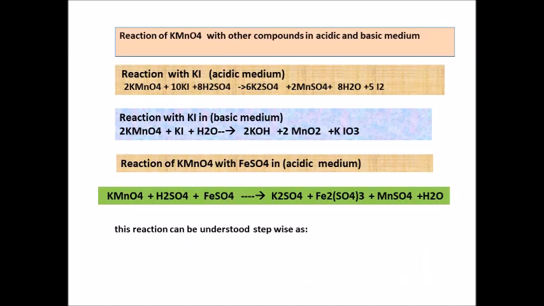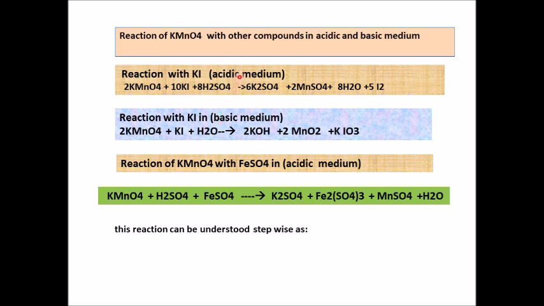KMnO4 reacts with other compounds also in acidic as well as basic medium. Now, with KI, you will find in acidic medium it liberates iodine, but in basic medium it forms KIO3. That is unique. How does this happen? This happens because H2SO4 is a strong oxidizing agent, and under neutral conditions or basic conditions, KMnO4 is a very weak oxidizing agent.